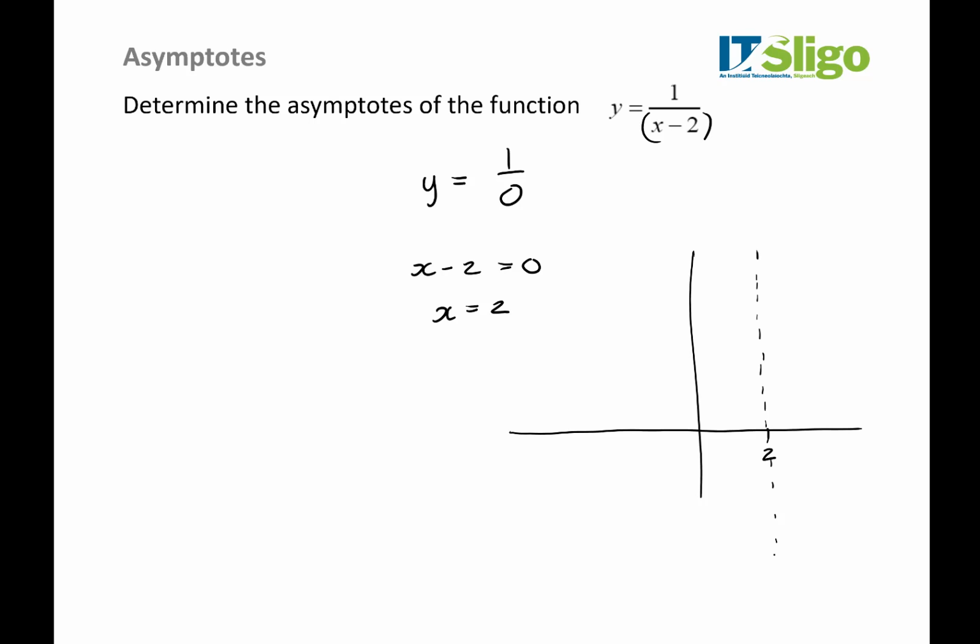Now the second bit is a little bit trickier. What we actually have to do now is isolate for x. So remember our formula manipulation. We want to get x on its own. And it's always tricky with reciprocals because x is always part of a denominator. That's the definition of a reciprocal.